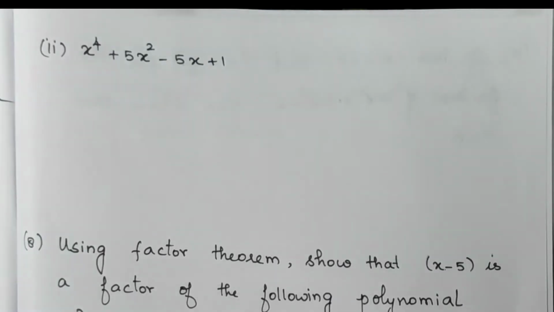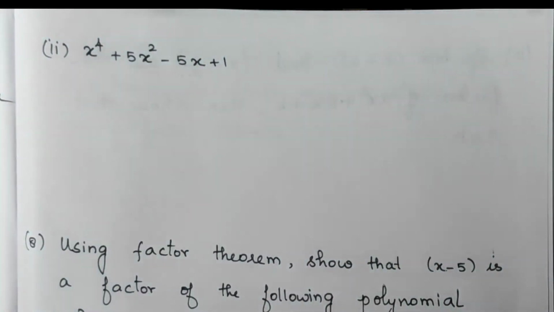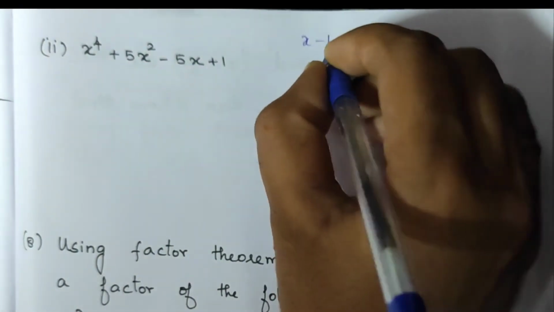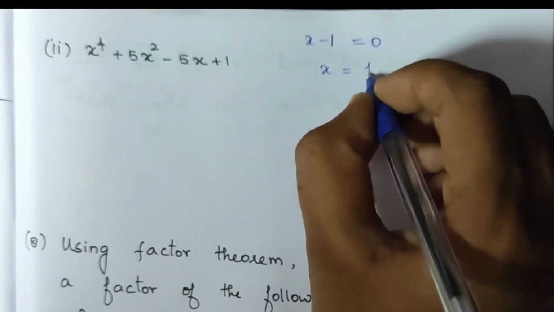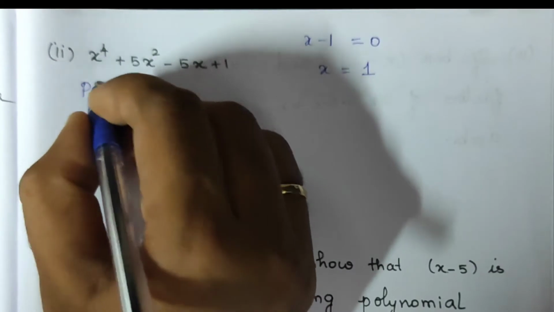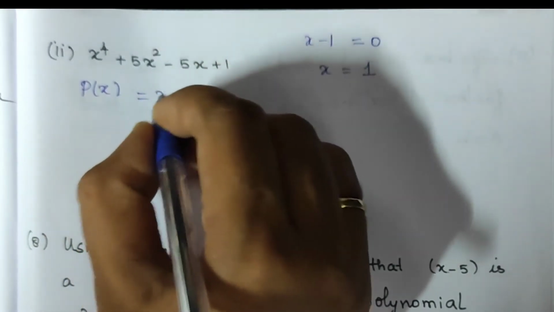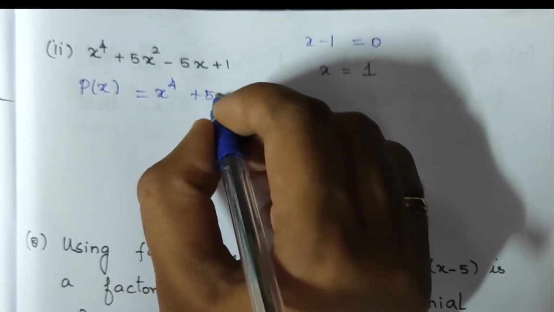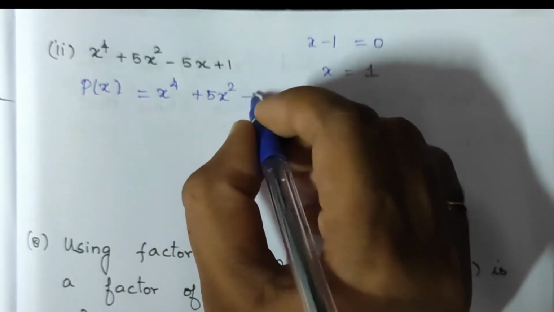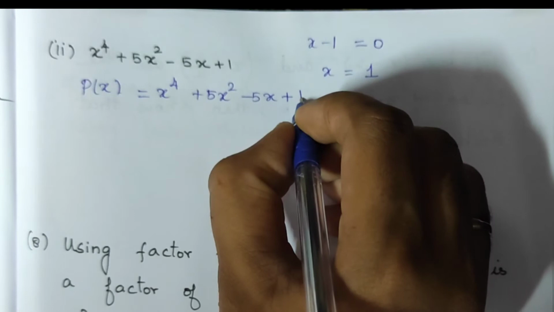Second subdivision, same method: x power 4 plus 5x square minus 5x plus 1. We are going to check whether x minus 1 is a factor. So x minus 1 is equal to 0, therefore x is equal to 1. I'm going to consider this as p of x is equal to x power 4 plus 5 into x square minus 5x plus 1.